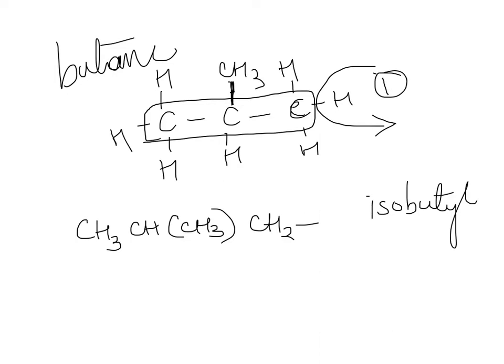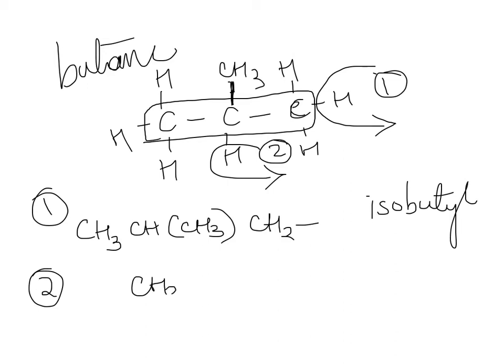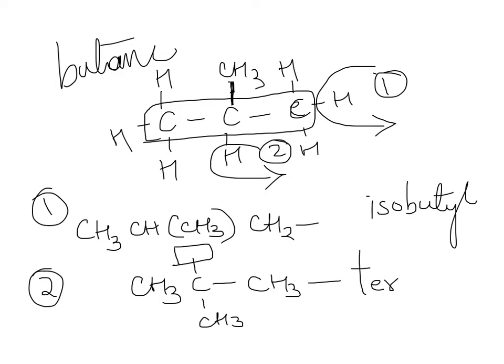So I'm going to call this 1. Another situation is if you remove hydrogen from this carbon. What you then have is CH3, C with a free position, CH3, CH3. This is tertiary butyl.